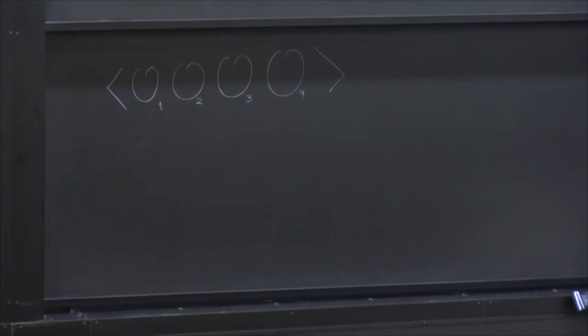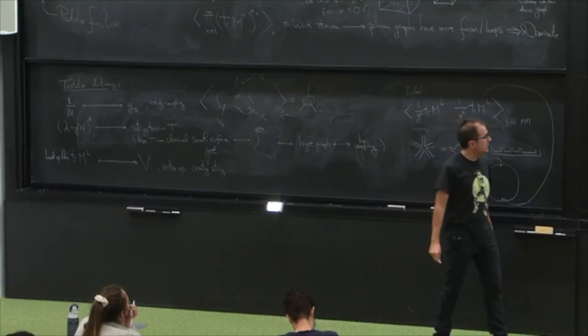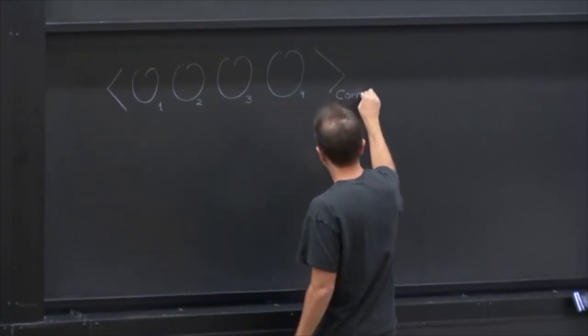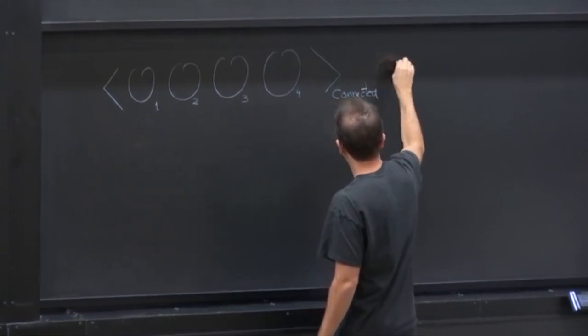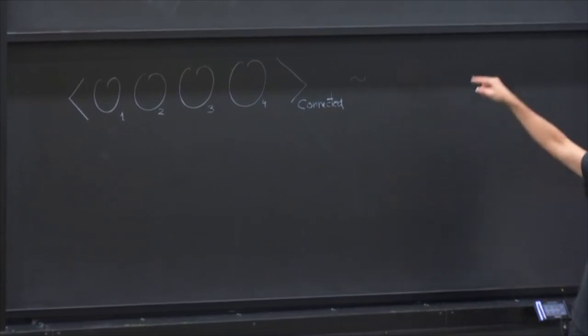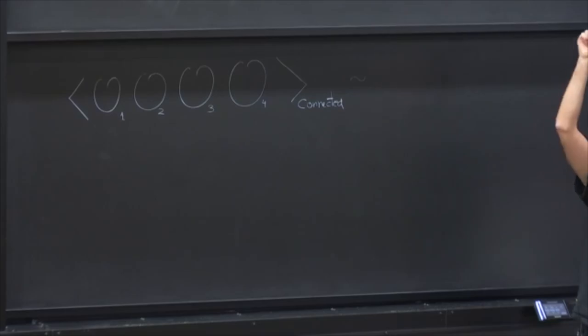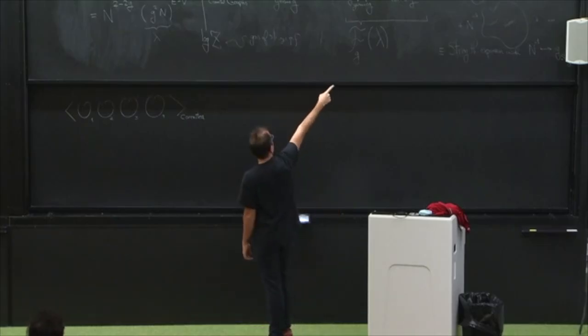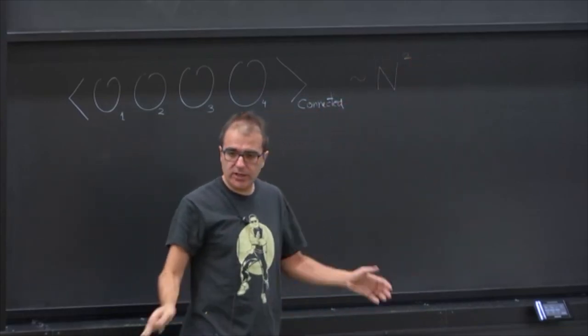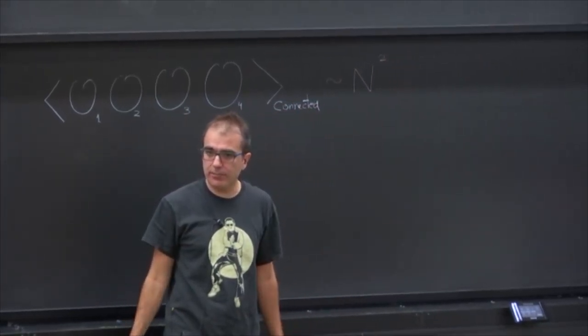We have 2 in the beginning, 2 at the end. Now, this diagram here, connected, scales as what? If I have a connected diagram, we saw the general scaling of a general diagram, right? So the planar one, the connected one, scales as N squared. Any connected diagram that I draw on the sphere scales like N squared.